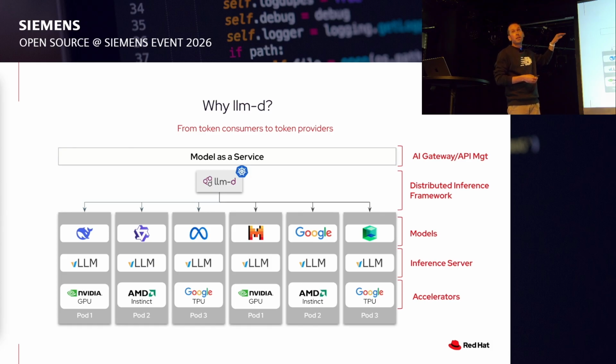And then on top, we have llm-d, which integrates with Kubernetes. You might have heard the term AI gateway, but this is a little bit different. llm-d employs distributed optimizations to serve LLMs, basically to achieve better throughput, lower time to first token, and lower inter-token latency, things like this.